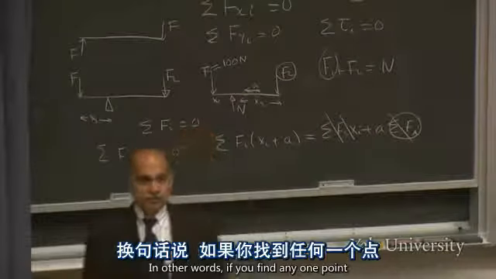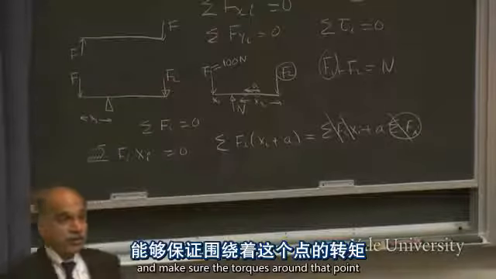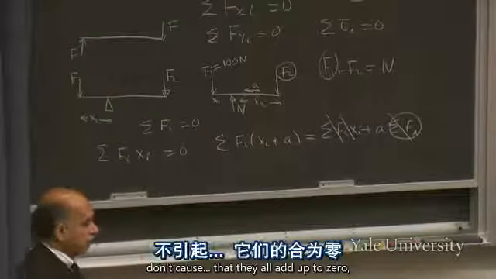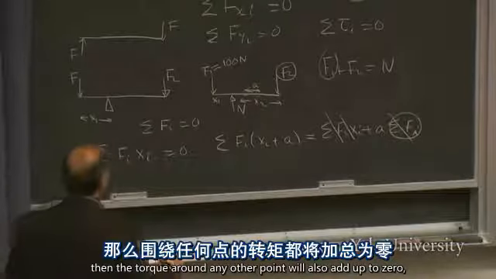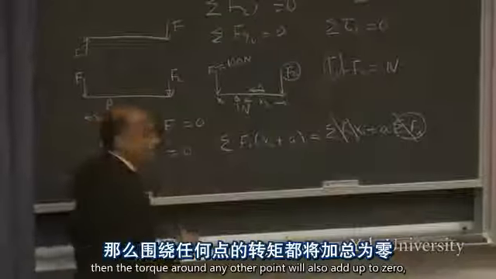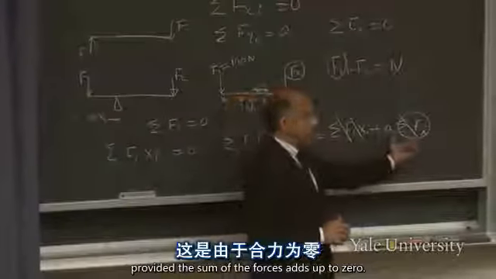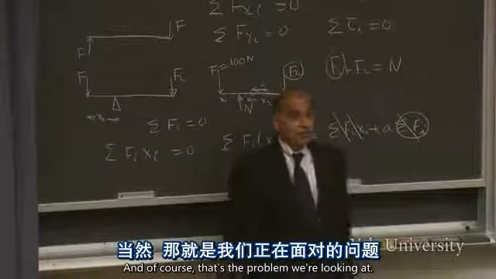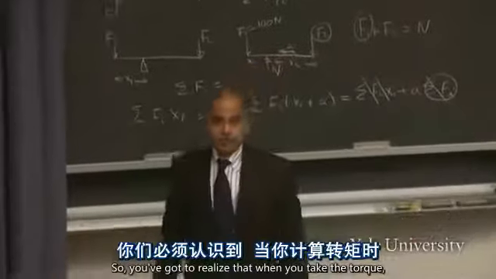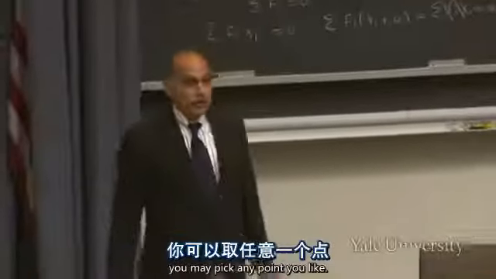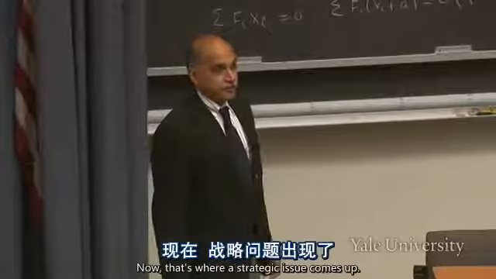In other words, if you find any one point and make sure the torques around that point add up to 0, then the torque around any other point will also add up to 0, provided the sum of the forces adds up to 0. And of course, that's the problem we're looking at. So you have to realize that when you take the torque, you may pick any point you like.